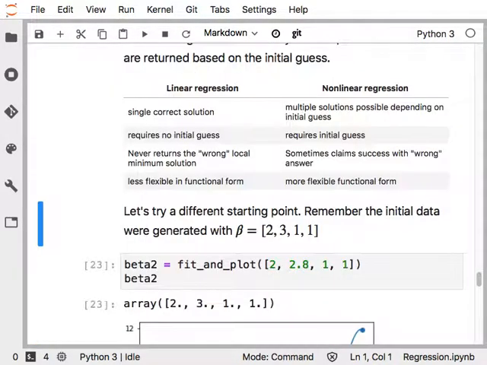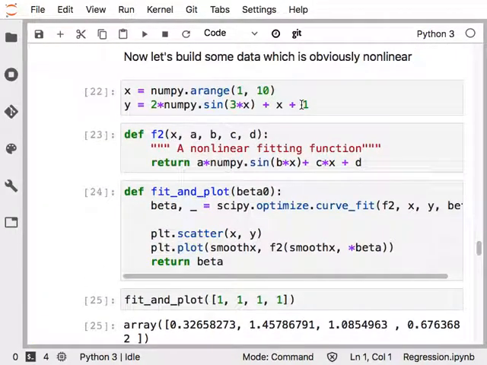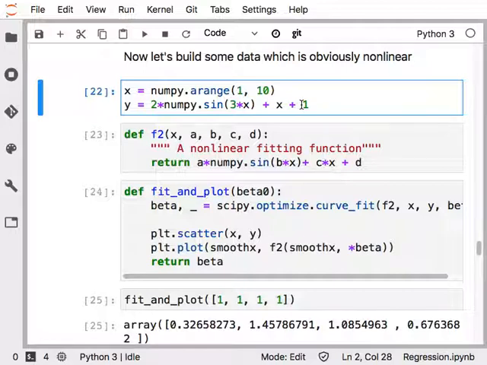Okay, so here's a problem. I'm going to build some data points using a formula that we can all see on the screen. It's 2 times sine of 3 times x plus 1.